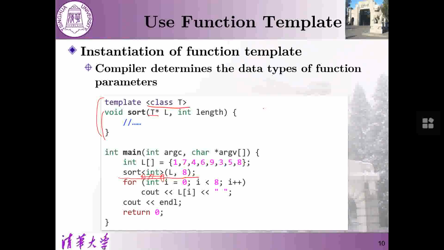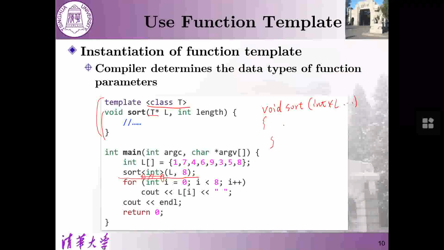The function instance is like this. The compiler does that for us. We have a function instance here, and then the compiler will call this function instance generated by the compiler. This is how to use a function template.